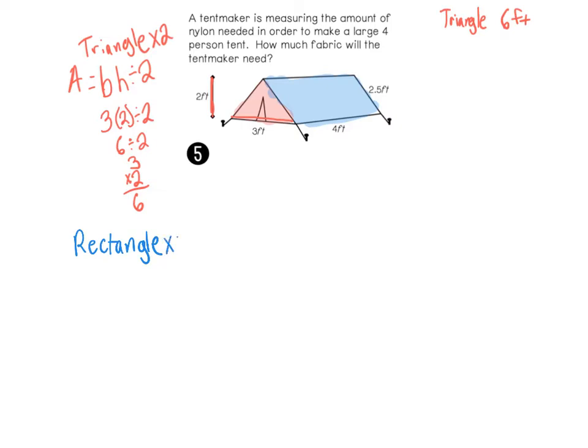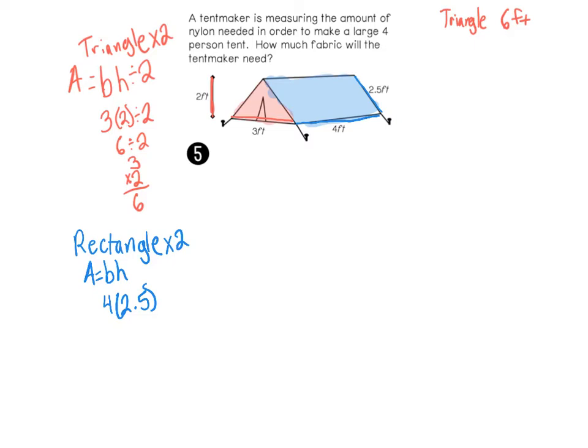And remember, there's 2 of them, so I'm going to go ahead and put times 2 so I remember. So I'm going to take the rectangle's formula, area equals base times height. The base would be this bottom one right here, 4. The height is actually going to be this 2.5 right here.